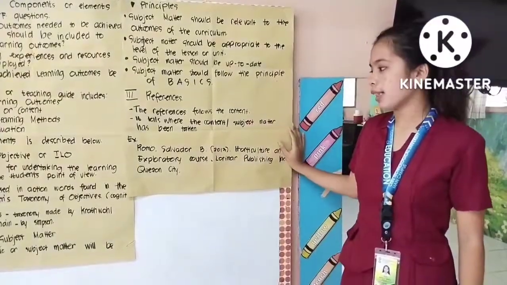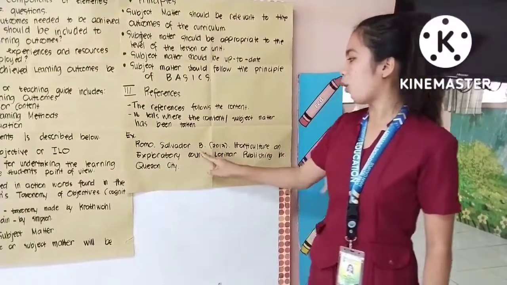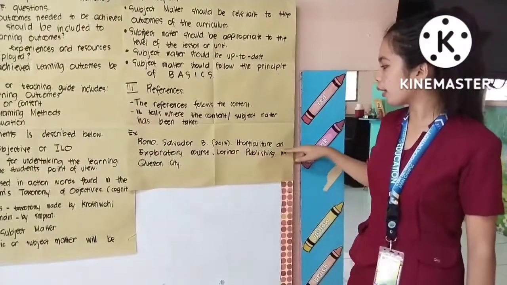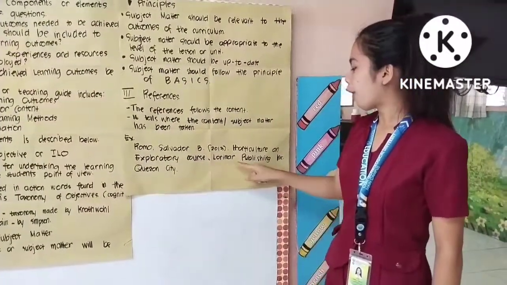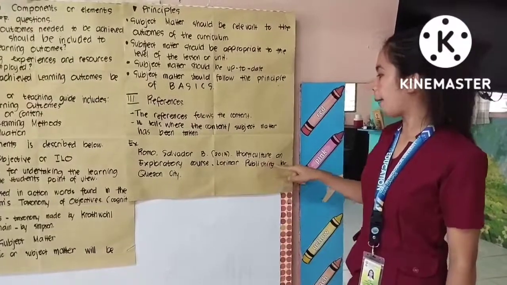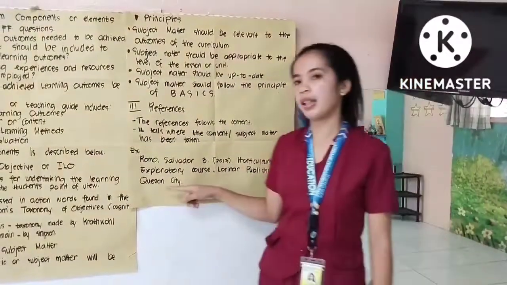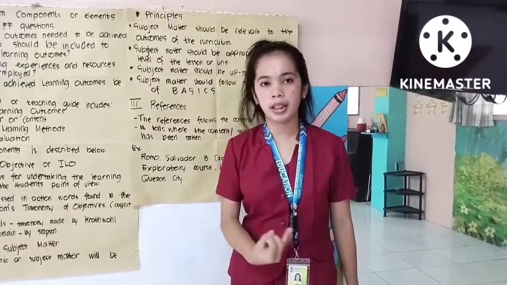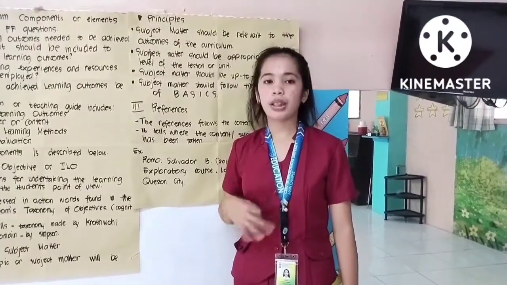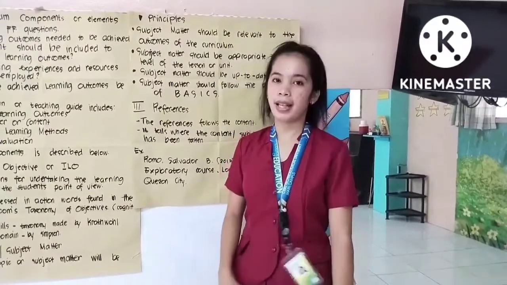An example of this is Roma, Salvador B., 2013, Horticulture, an Exploratory Course, from Lorimar Publishing Incorporated, Quezon City. You should state the name of the author, the publisher, and the date when the document was published.